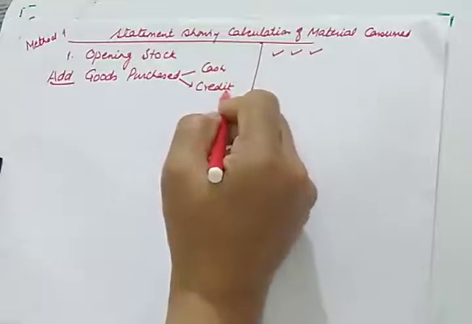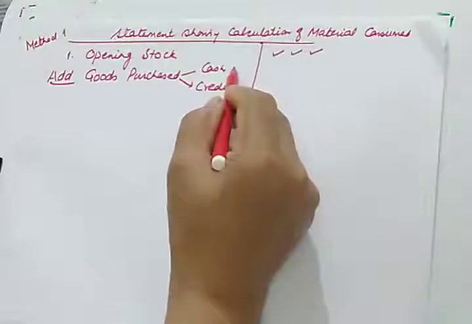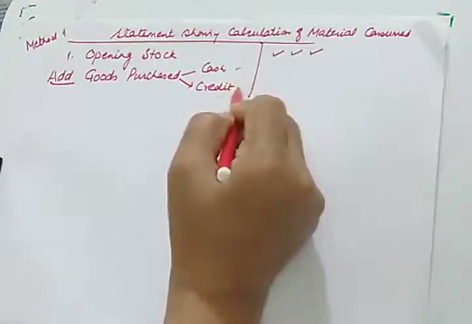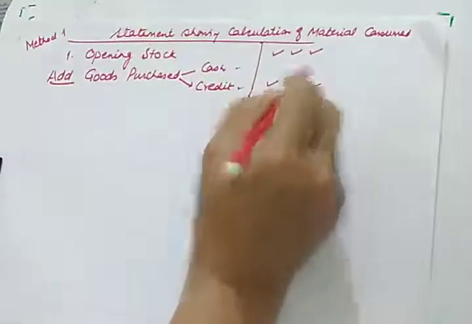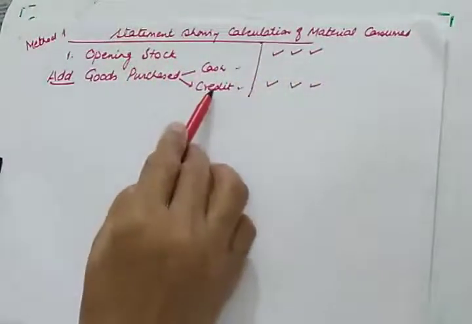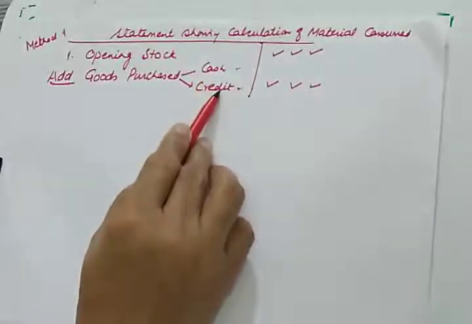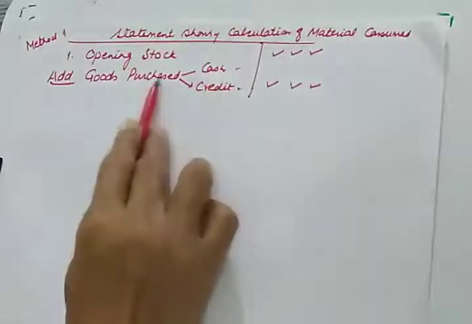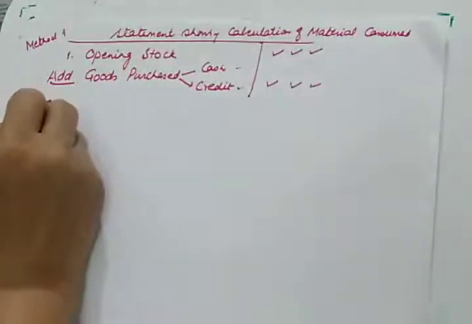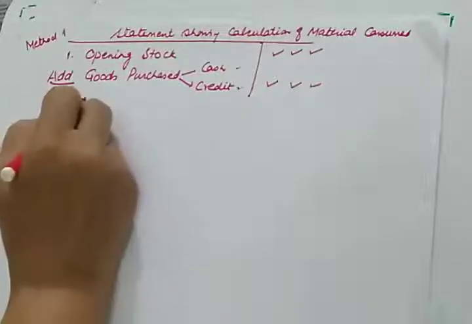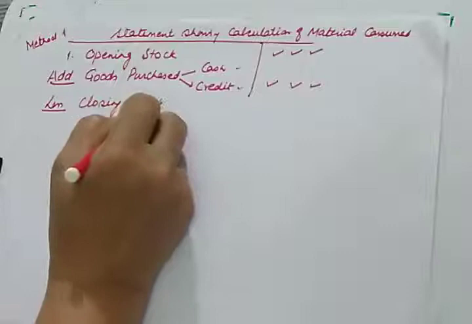So if credit purchases are given to you, we'll assume that cash purchases are nil, but in some cases you will find that cash and credit both are given to us. So we'll take total purchases. I repeat, opening stock plus purchases. It can be cash and credit or cash or credit. So whatever details are given to us relating to purchases, we'll be taking that, and from that we'll deduct closing stock.